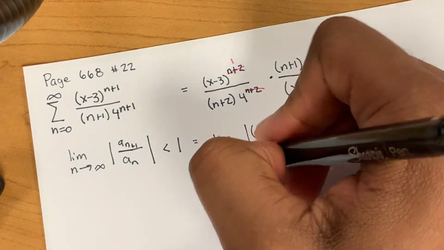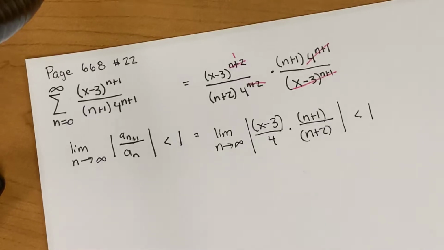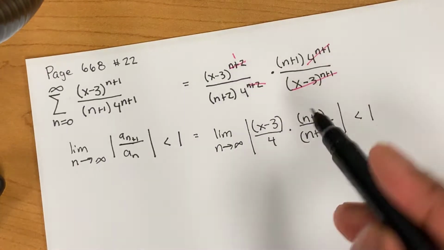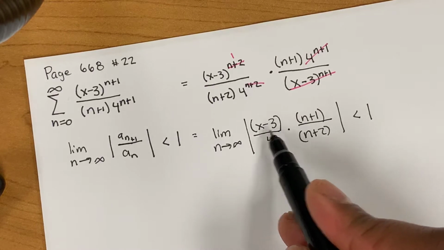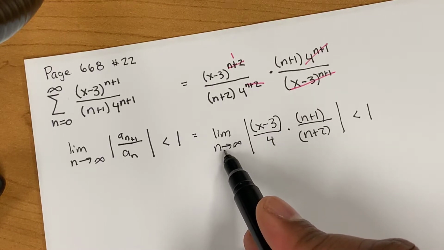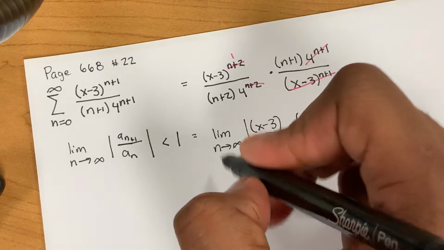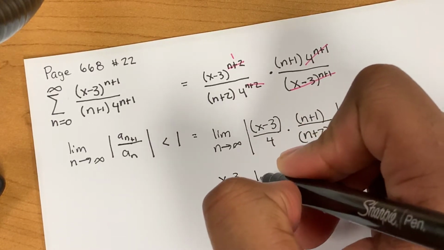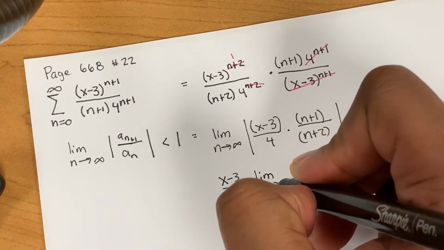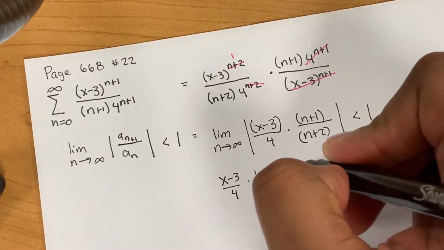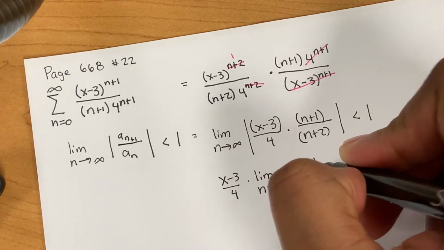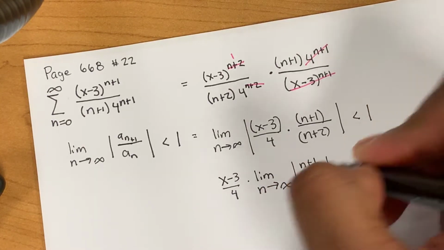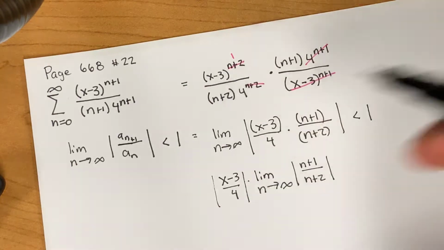So then in absolute value, this is less than 1. Since the x minus 3 divided by 4 isn't affected by the limit, we move that out to the front. We get the absolute value of x minus 3 over 4 times the limit as n goes to infinity of n plus 1 over n plus 2.